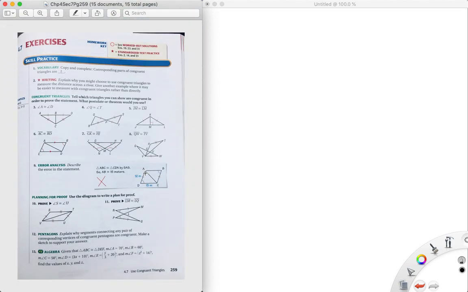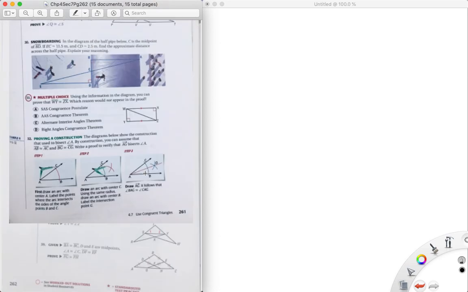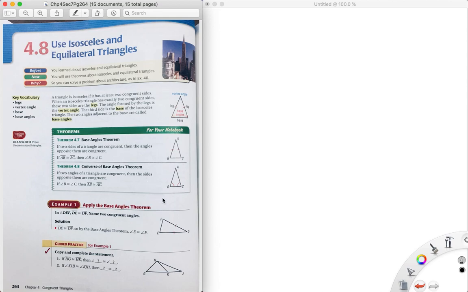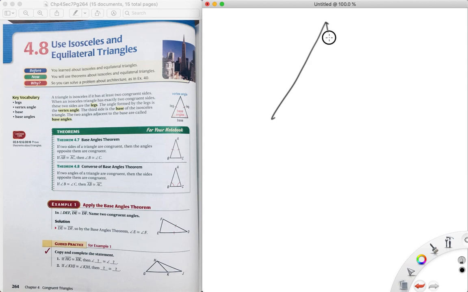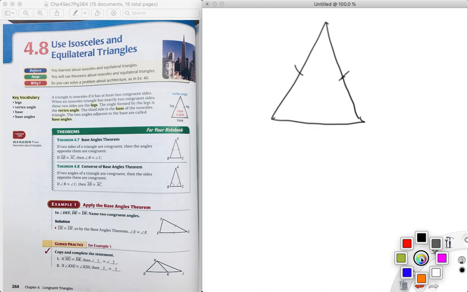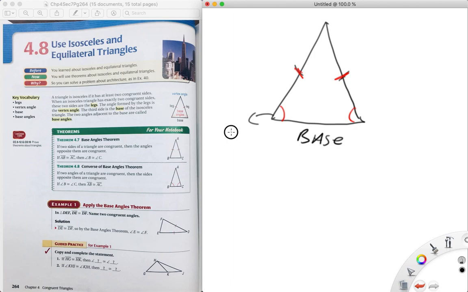And that's that section. So you're going to use various ways to prove triangles congruent. Then we have 4.8, isosceles triangles and equilateral triangles. So we have a triangle, and if it's isosceles, that means it has at least two congruent sides. The side that's not congruent to the others is called the base, and it's adjacent to the base angles.